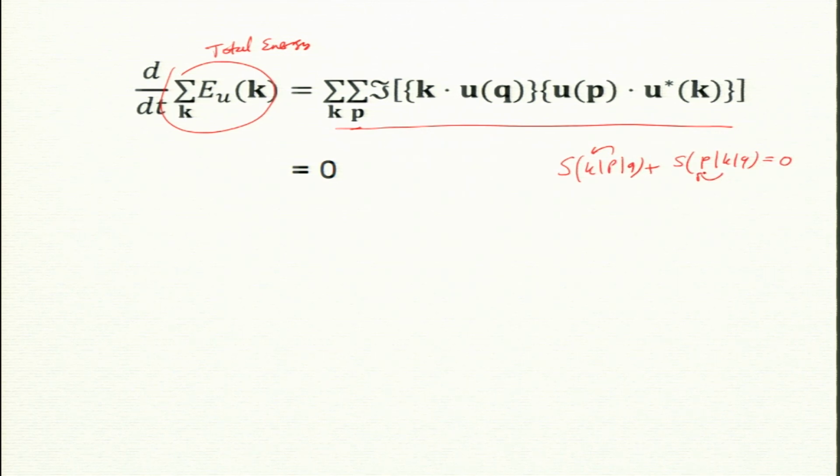Okay, so you will get this sum. When I do the double sum, this will come always in pairs and they give you 0. So, this is reinforcing our earlier statement that the nonlinear term conserves total energy in the Navier-Stokes equation, right.